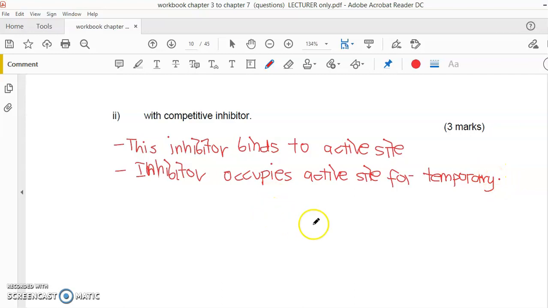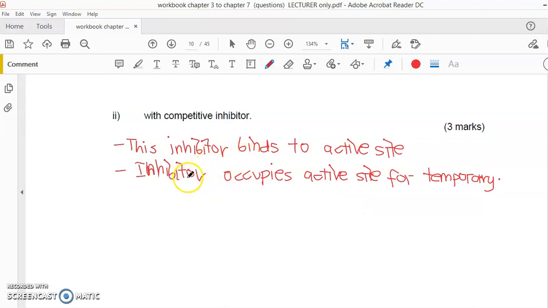Yeah, so because it is temporary, if you add more substrate, normally the problem of competition involving this inhibitor can be resolved, right?